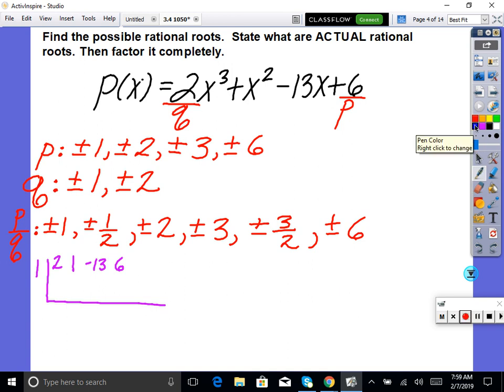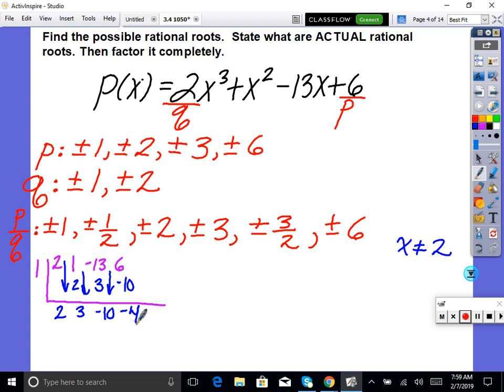Okay, so I'm going to put an x does not equal 2 here, so we know 2's out. I see my remainder with 1 is -4, so x cannot equal 1 for sure.